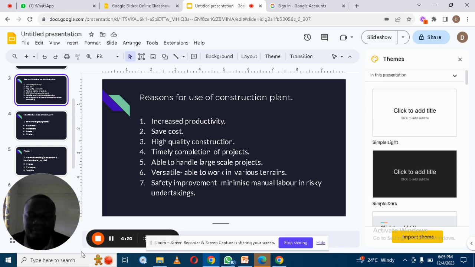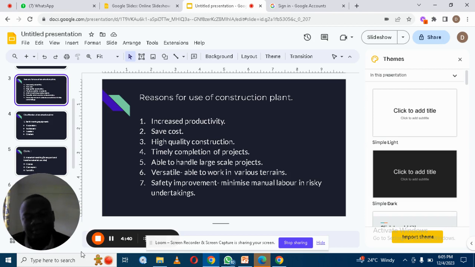Number seven, construction plant are used because of safety. Imagine, for example, in construction, you are to take sand or cement to the 30th floor.